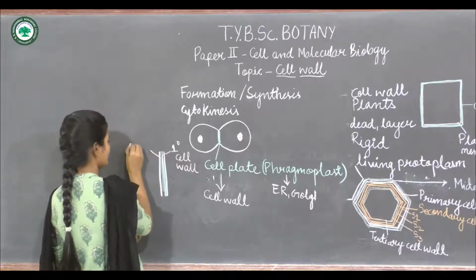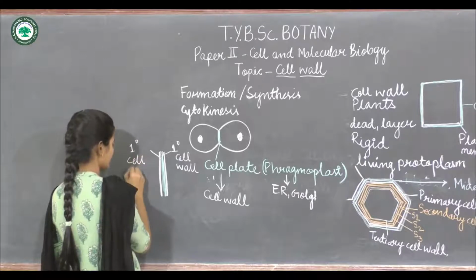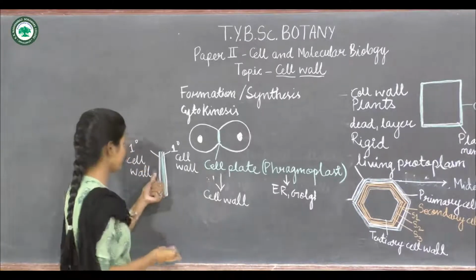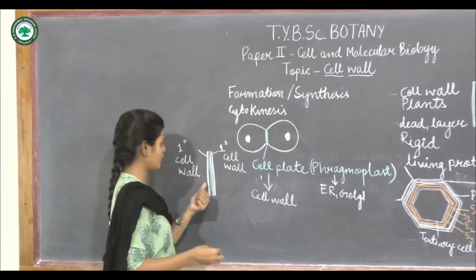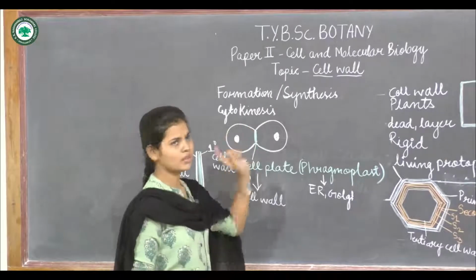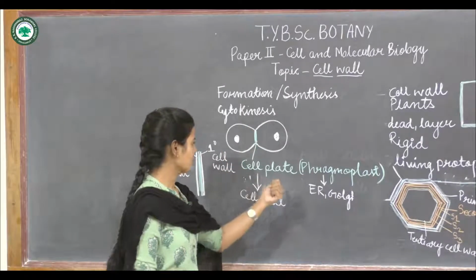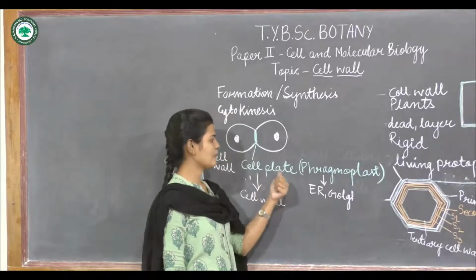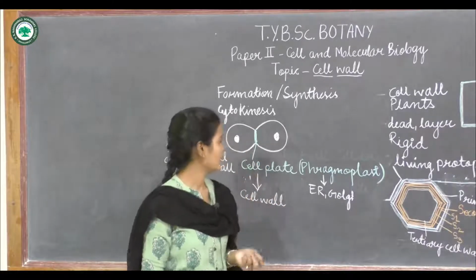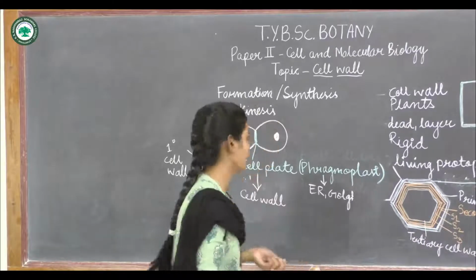Then there will again be the formation of secondary and tertiary cell wall, and this will form the cell wall. So the synthesis of the cell wall is from the cell plate or the phragmoplast during the cytokinesis stage. Now next, the functions of a cell wall.